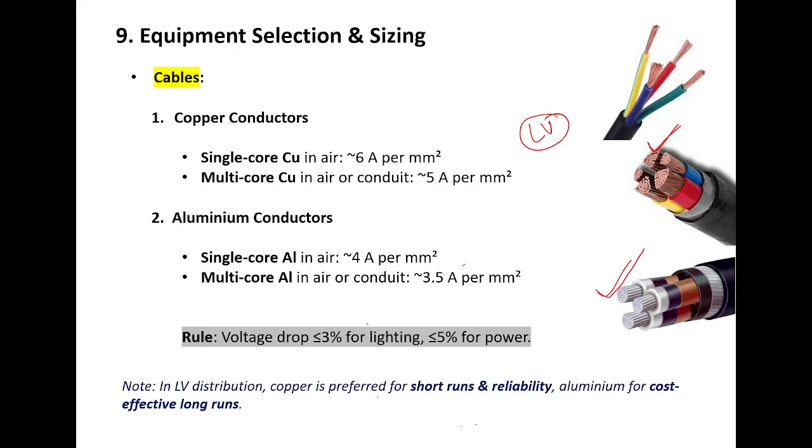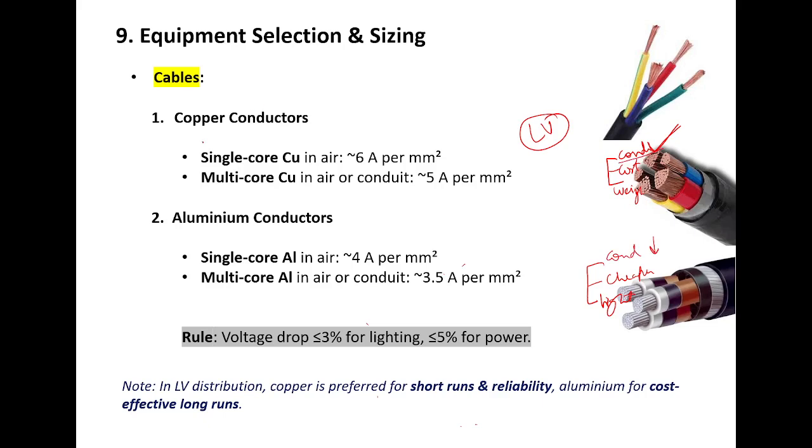Why? Copper is more conductive, but it is costly and heavy. The advantage of aluminum is that it is cheaper compared to copper and lightweight, but its conducting capacity is less compared to copper conductor.